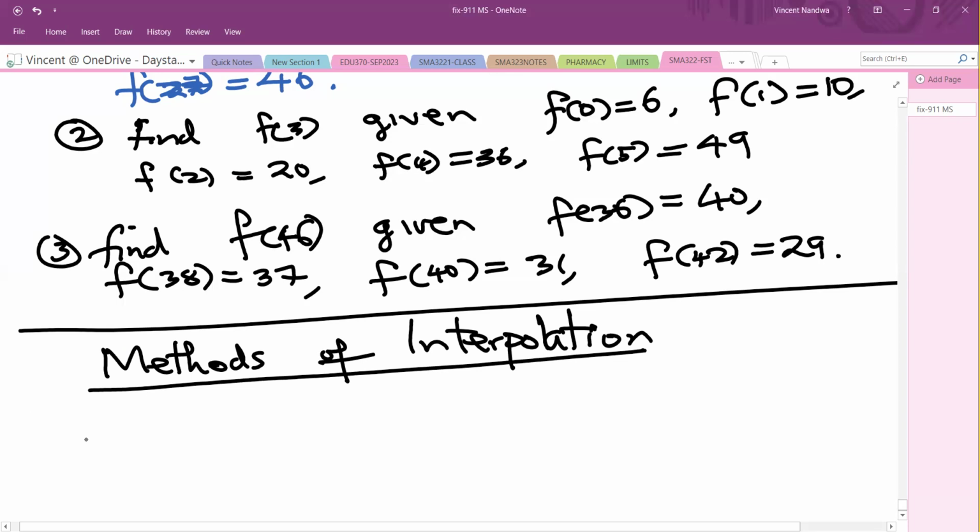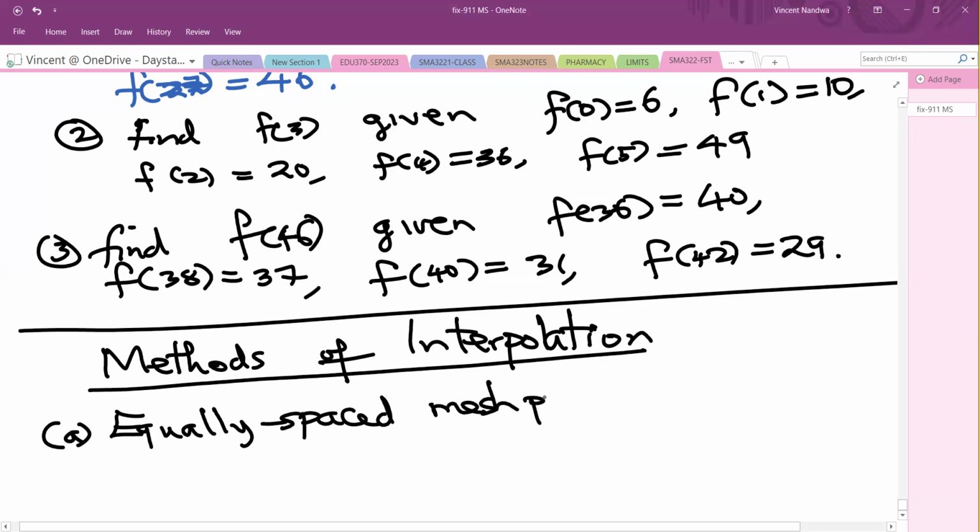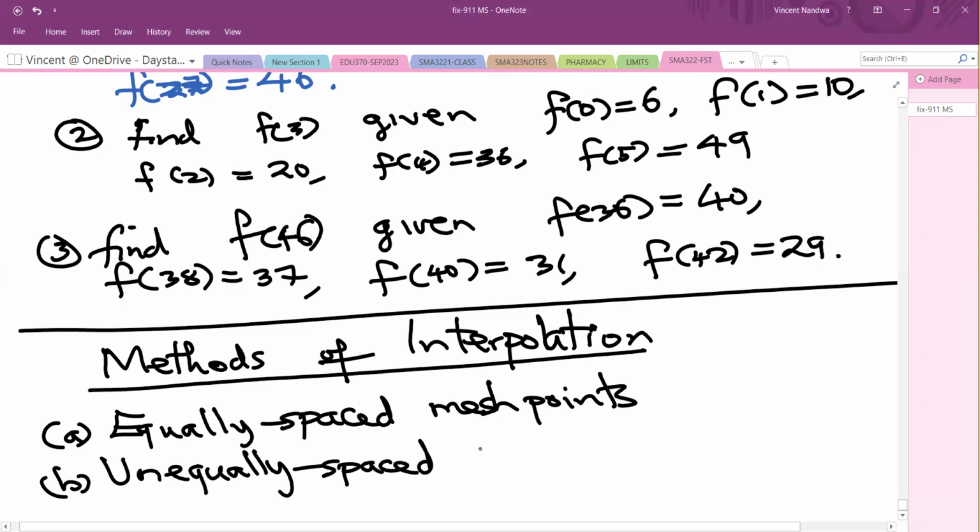There are methods based on equally spaced mesh points, and there are methods which involve unequally spaced mesh points.